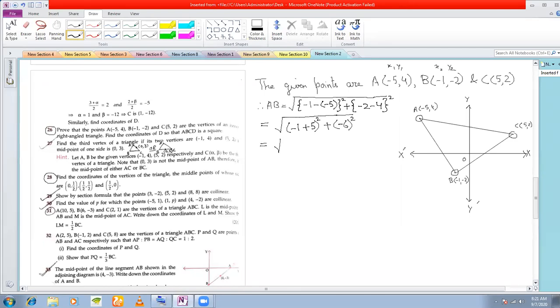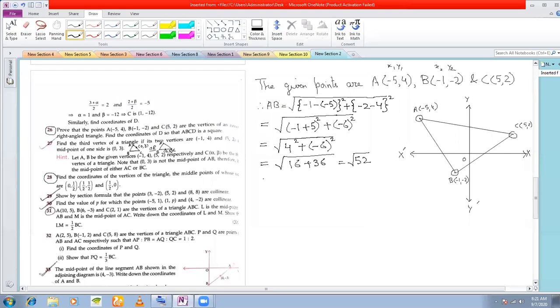This comes to 4 square plus minus 6 square, which is root of 16 plus 36, which is root 52. We leave it as it is, root 52.